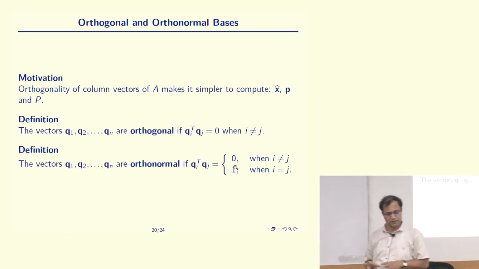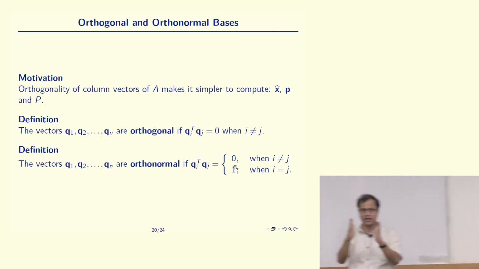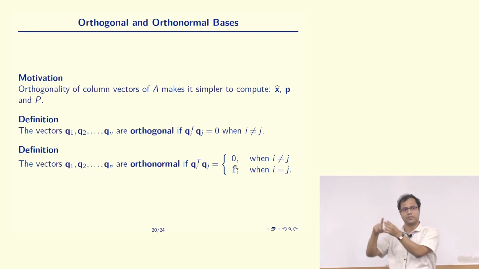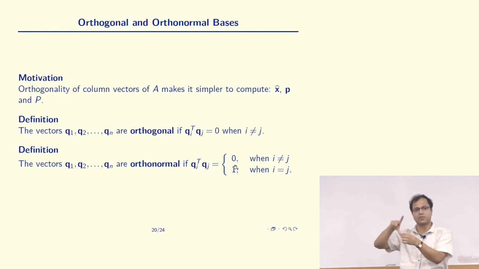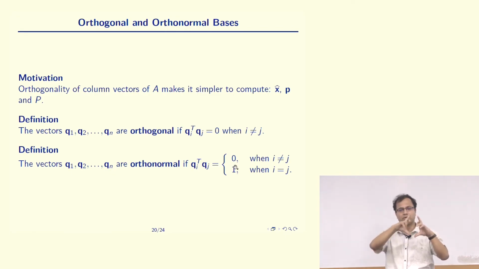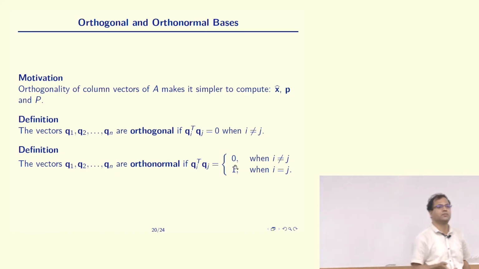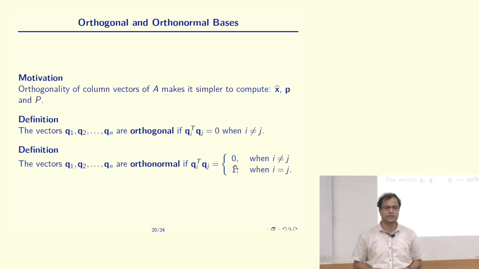So that is why the motivation is to first convert your matrix capital A into an orthonormal or orthogonal matrix by transforming the column vectors into a set of normal vectors, and then you do the computation for your projection vector or projection matrix.